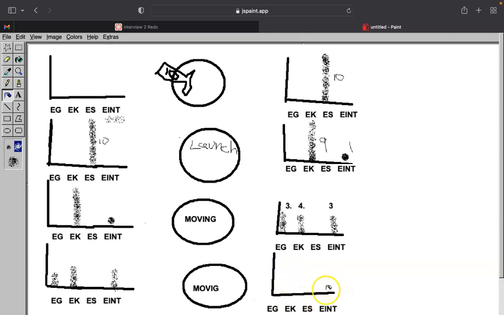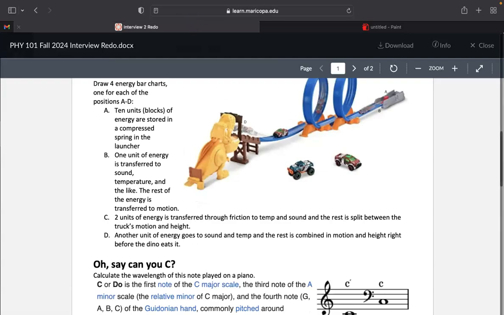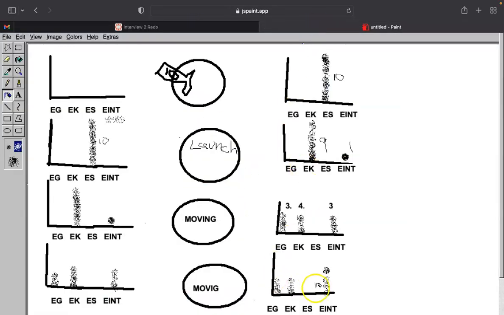Then there's going to be 4 here, 1, 2, 3, 4, and then 3 in movement and 3 in height. So, perfect. All right. So yeah, that's the energy graph, and hopefully I did it correctly.